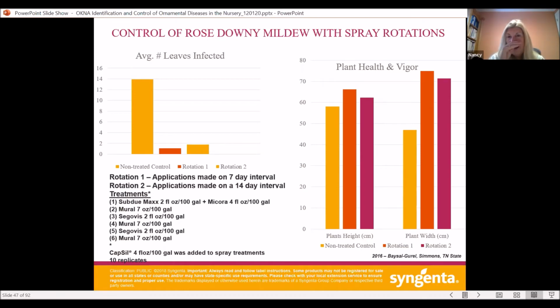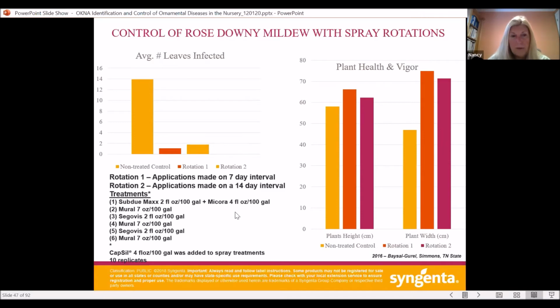We know that when you drench it, you're going to get some really great movement throughout the plant canopy, but as a spray, sometimes this can be limited and you can be more prone to having resistance develop with sprays. So that is listed on the label.